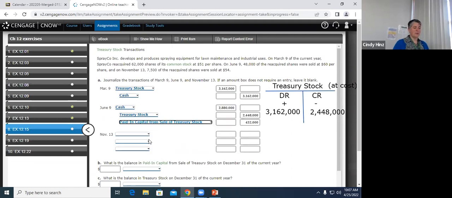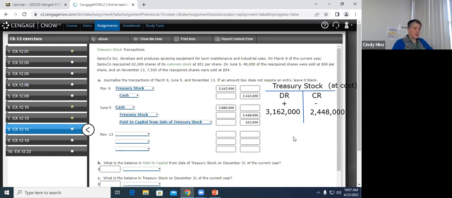Instead, it gets reported on the balance sheet. Paid in capital from sale of treasury stock. It gets reported on the balance sheet, not on the income statement. It is an equity account.